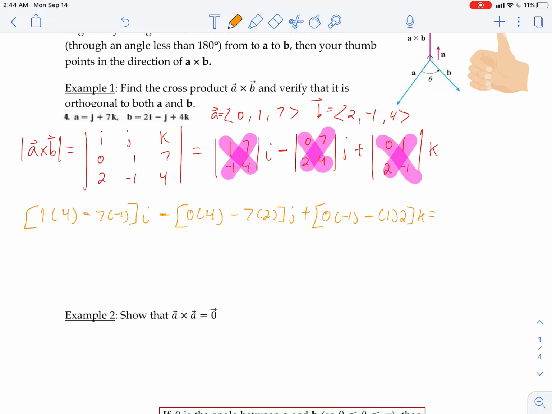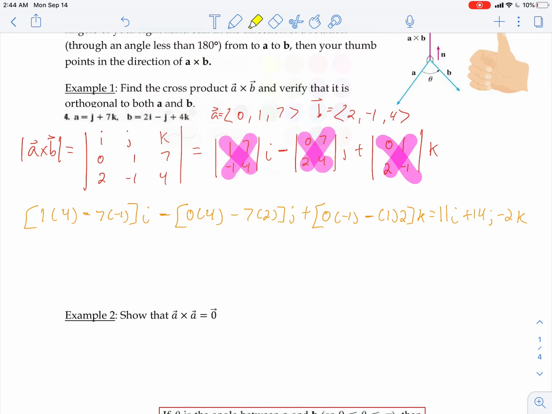Okay. And so my resulting vector is going to be 4, 7 times negative 1 is minus 7, so it's 4 plus 7, so I'm going to get 11 for that first component, 11i. And then 0 times 4 is 0, minus 14, so minus a negative 14, so plus 14j. And then I have 0 times negative 1, so 0 minus 2, so minus 2k.